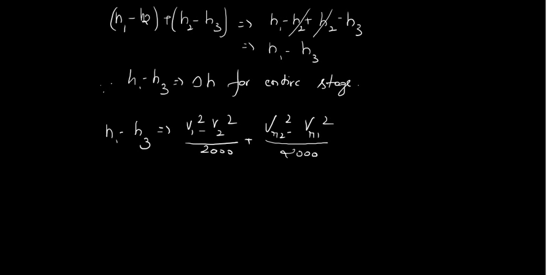Right? And since the blades are symmetrical, we have a relation that VR2 will always be greater than VR1. And still we have a relation for the Parsons turbine, reaction turbine.